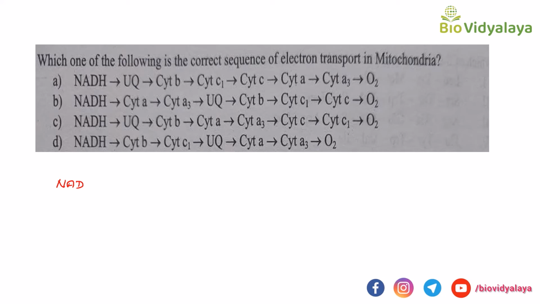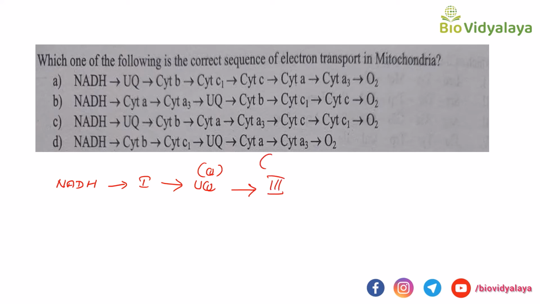From NADH, first it will transport to complex 1, but it is not given. Complex 1 is not given in this option, so we can avoid that. No problem. Next it will go to ubiquinone or Q, coenzyme Q. Then it will transfer to complex 3.